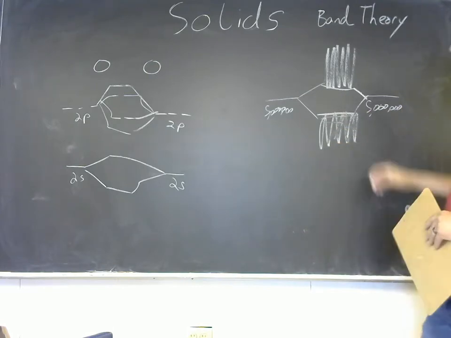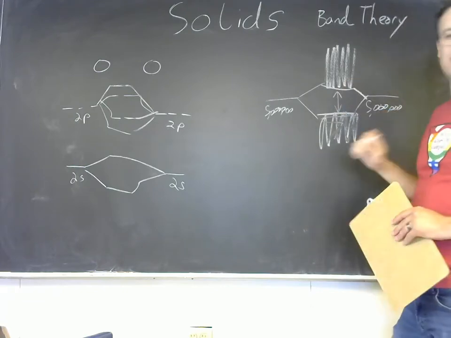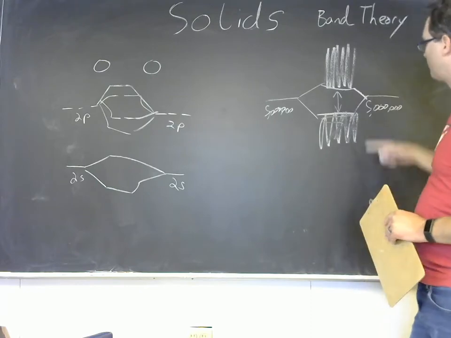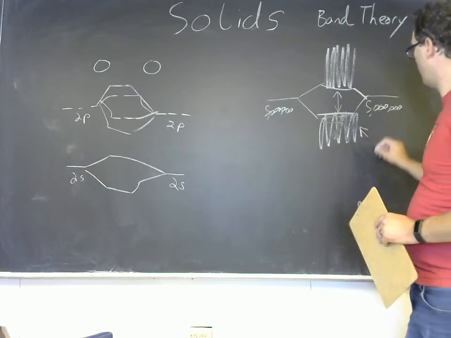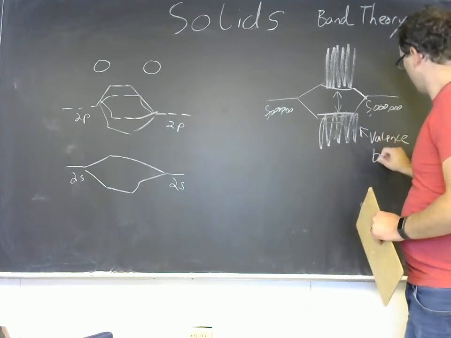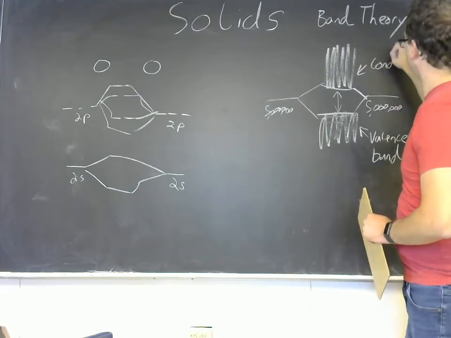And there will sometimes be a gap here between the filled and the unfilled energy levels. So this would be what we call the valence band. And this would be what we call the conduction band.